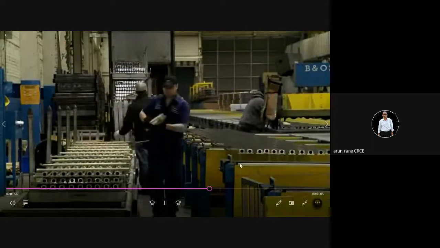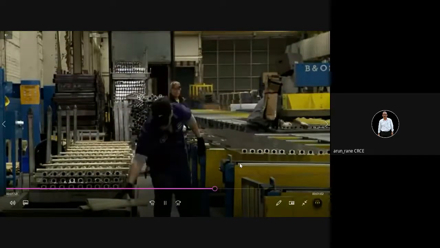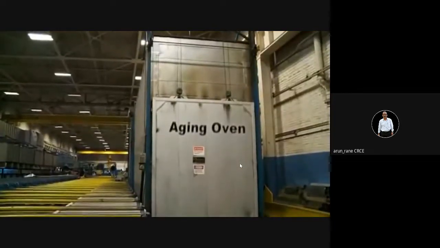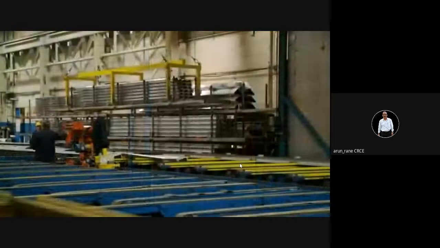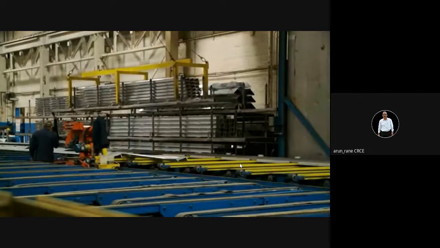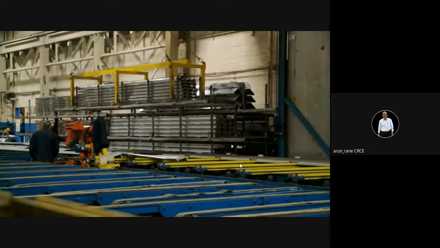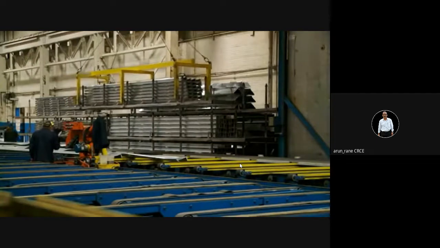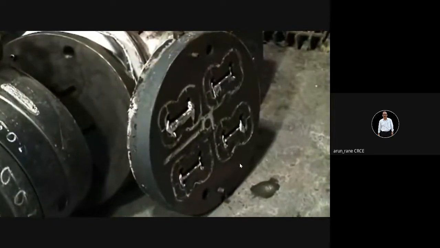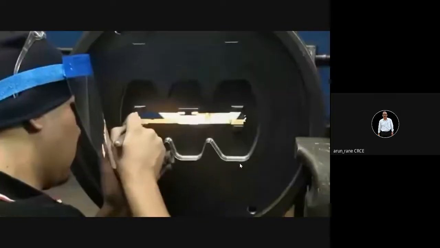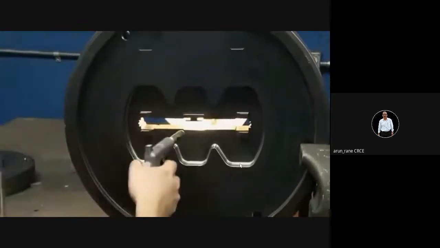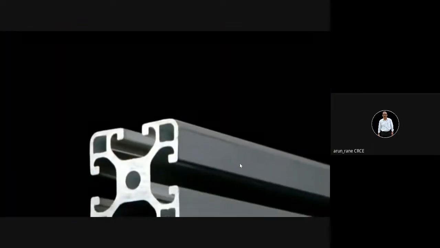These are all extrusions, aluminum extrusions. Doors, windows, cabinets. You can see this. He is cleaning the die, spraying it so that metal doesn't stick.